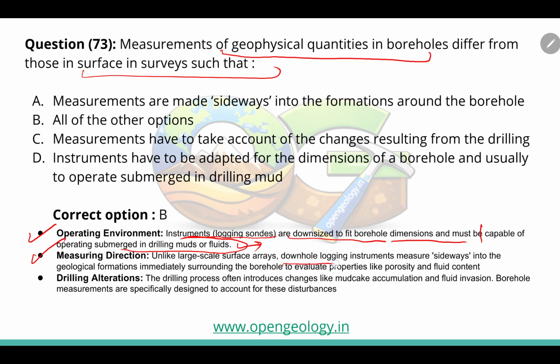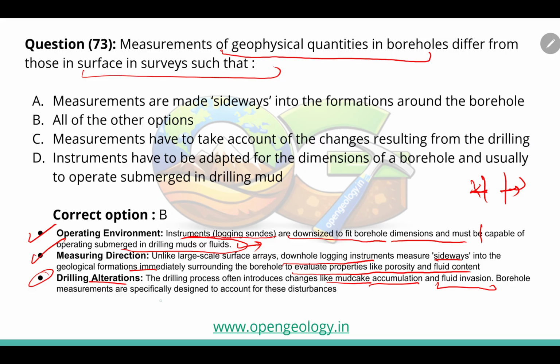Whenever downhole logging is done, the instrument measures sideways, into the geological formation. That means for evaluating properties like porosity and fluid contents, the instrument should be able to measure in a directional way. Then drilling alterations. Sometimes drilling introduces changes like mud cake accumulation, and there can be fluid invasion.